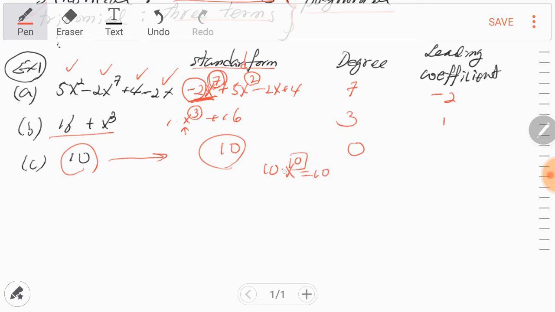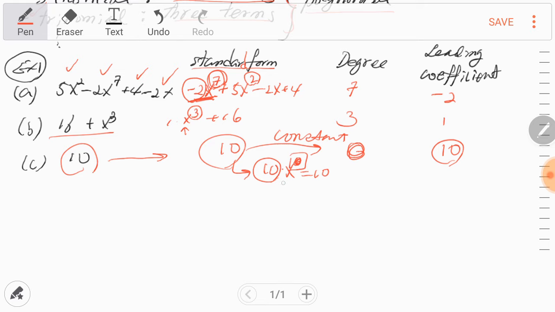So the power of x is 0, and the degree of a constant is always 0. And the leading coefficient: we can rewrite this 10 as 10 times x to the 0 power. So the leading coefficient is actually 10.